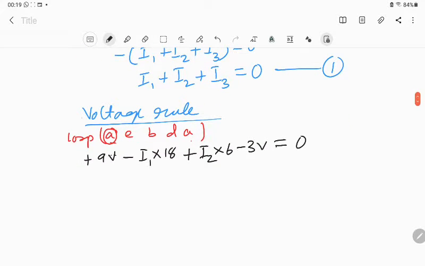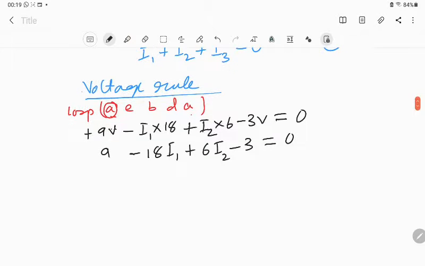So I will arrange it now: 9 volt minus 18 I1, no need to write volt, plus 6 I2 minus 3 equal to 0. 9 minus 3 is 6.